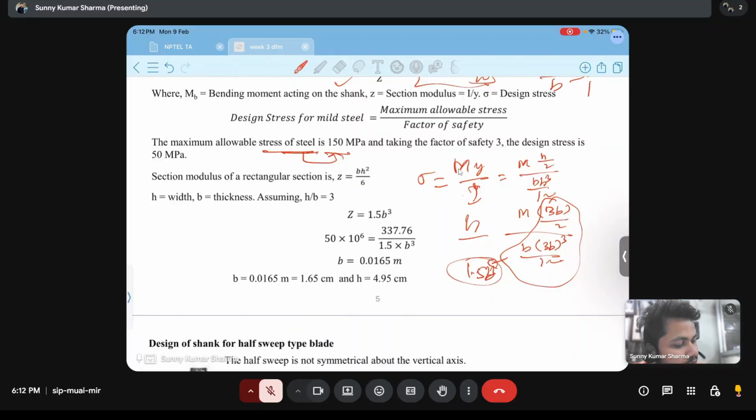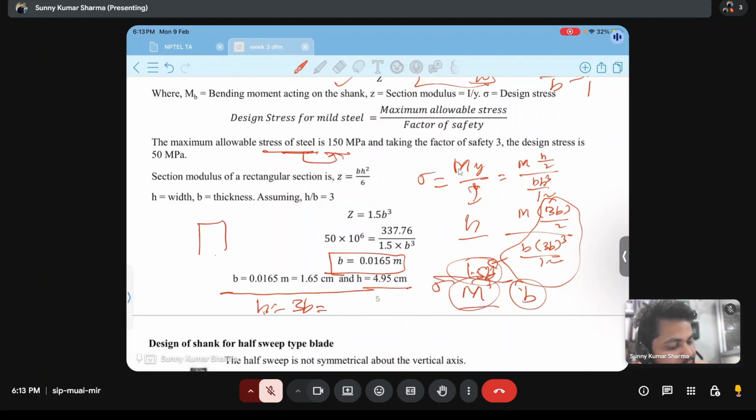So we will have the sigma value, and bending moment we have already calculated. We have just one unknown, that is b. So from here we will get the b value as 0.165 meter. And h is equal to 3b, so h will be approx 5 centimeter. So for the shank, h will be 5 centimeter and b value will be 1.65 centimeter. This is the design of shank.